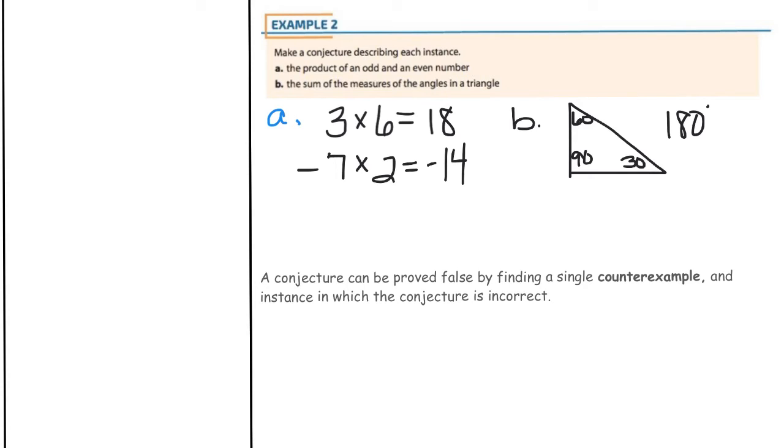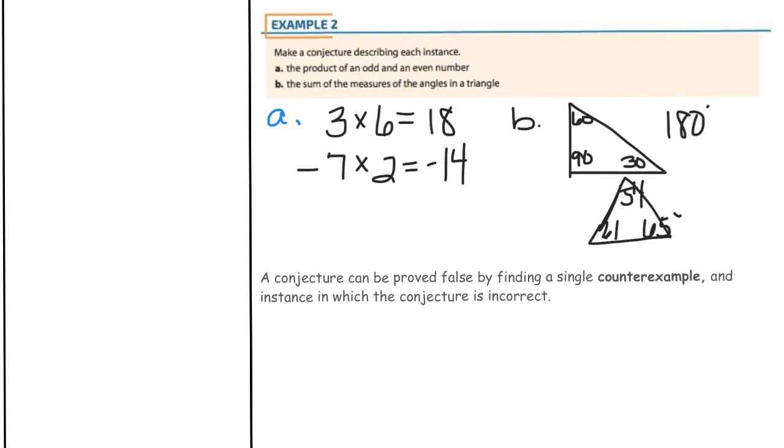I could give a kind of scalene triangle right here and have 54, 61, and 65. So that would work. Again, there are quite a few variations on this. You could make it go a couple of different ways.